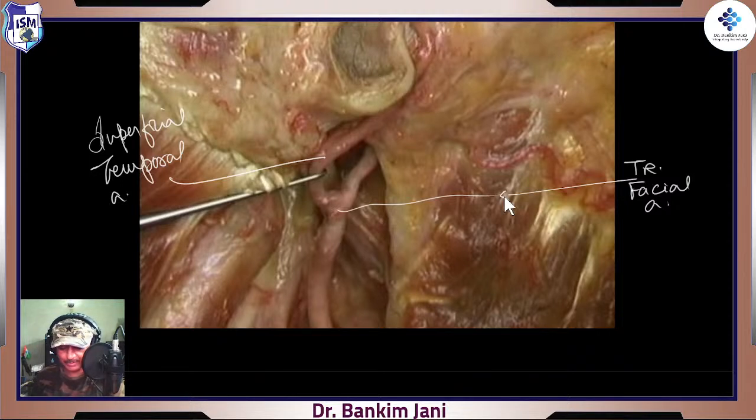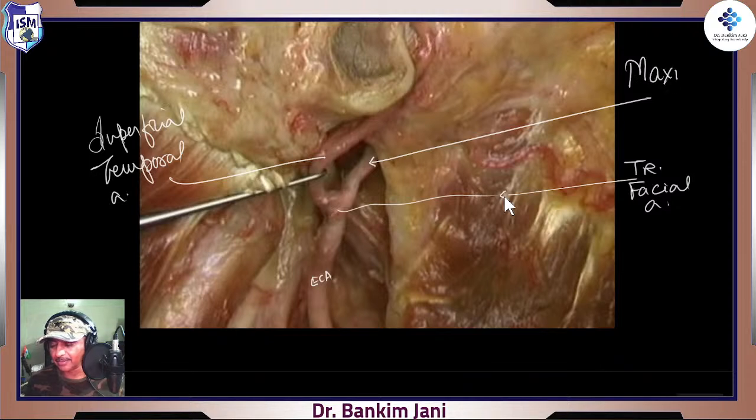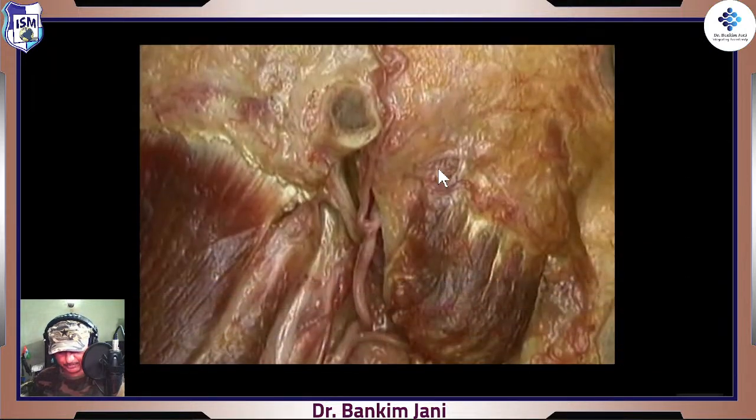But that we have already cut and removed. We see something so big, huge. Yes, that is the continuation of the external carotid artery, and that is the maxillary artery. Now it is all good. This is the maxillary artery, just at the mandibular neck. This is what is happening. It is getting continued as the maxillary artery. So to see this, we have to see this maxillary properly.